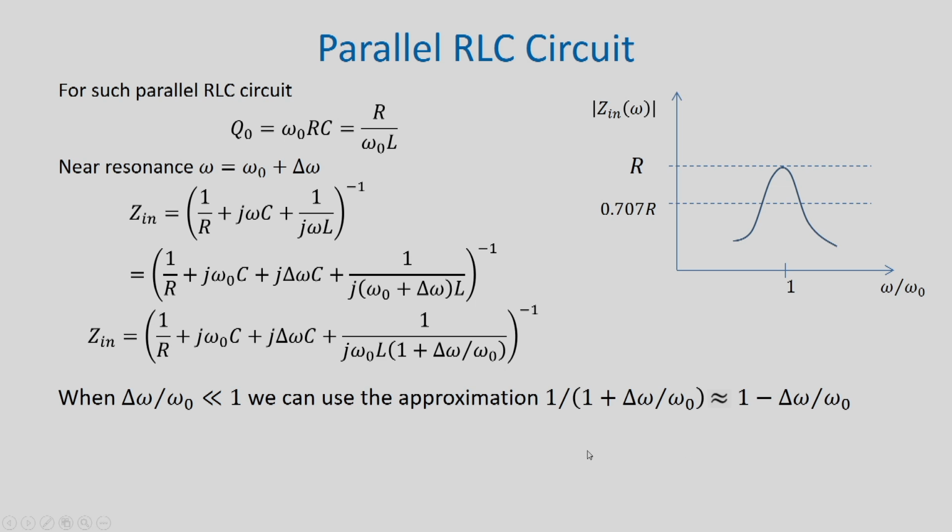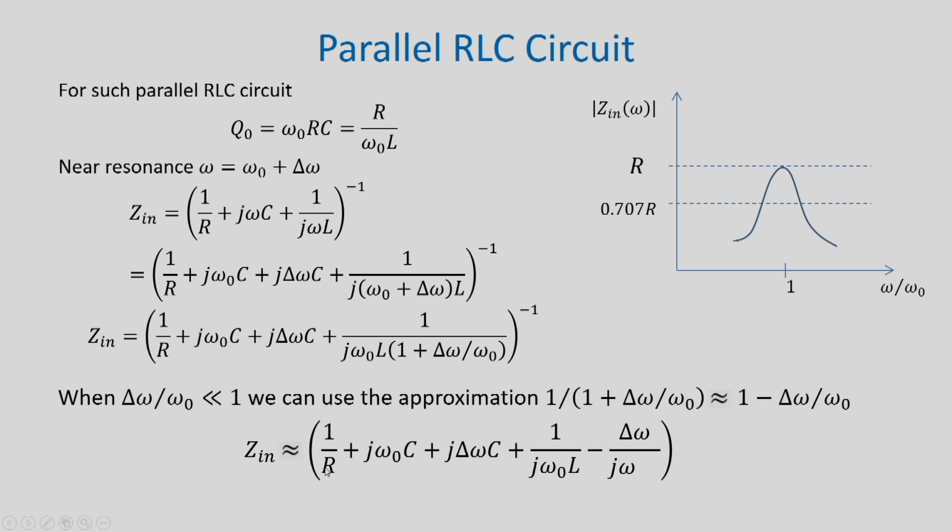Once we substitute this approximation, we get Zin equal to 1 by R plus j omega naught C plus j delta omega C plus 1 by j omega naught L minus delta omega by j omega naught square L, entire thing raised to the power minus 1.